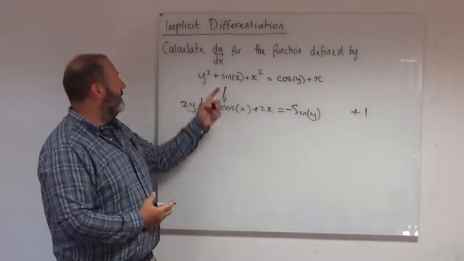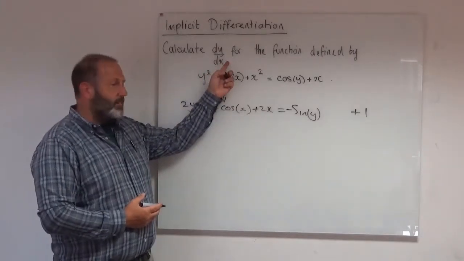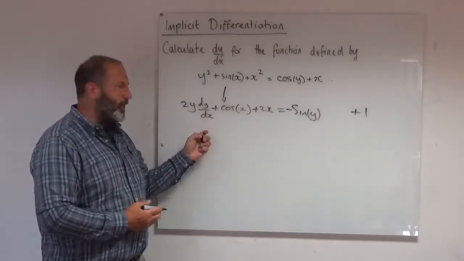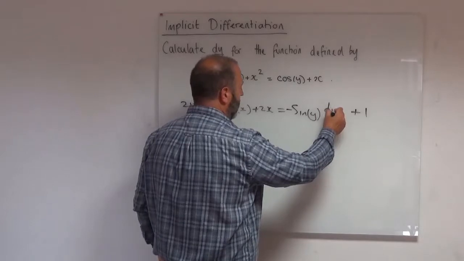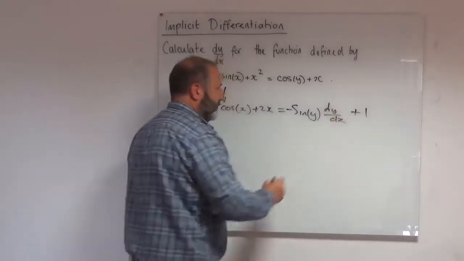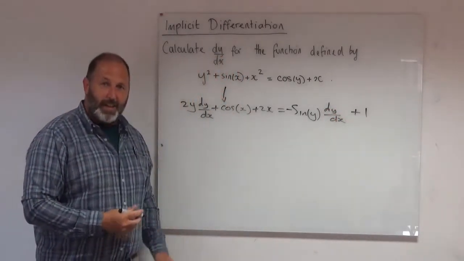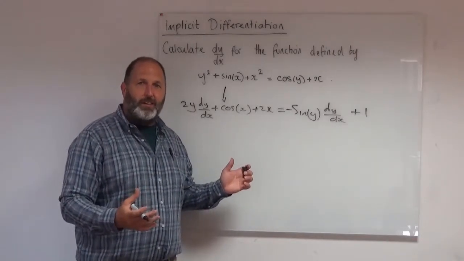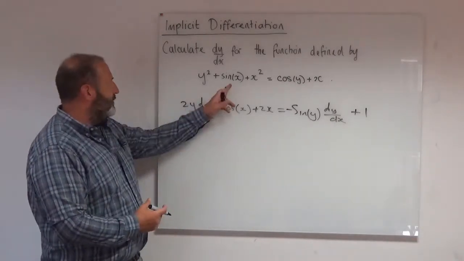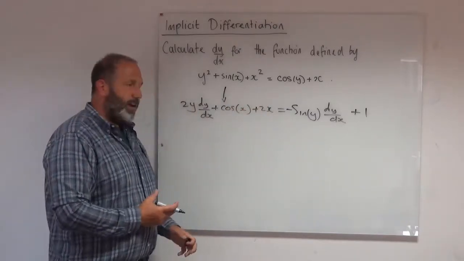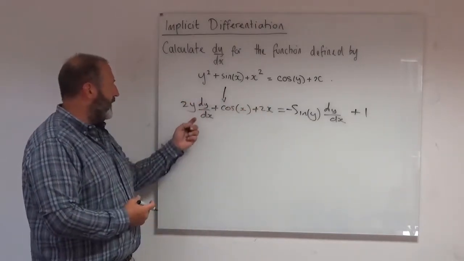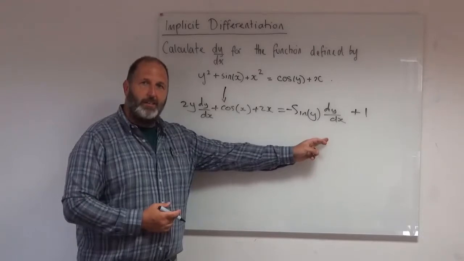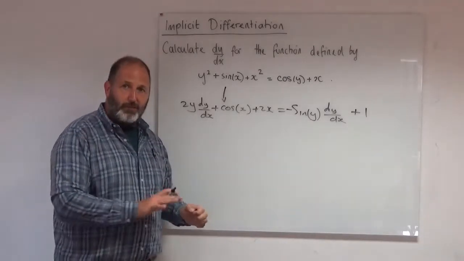However, it's with respect to x. So I have to use the same rule I used over here, and I multiply by dy dx. Now, I think I've dragged that out and made it quite long-winded. The good news is, do all the functions of x, as you would, do the functions of y, and then multiply by dy dx. And now our calculus is finished.